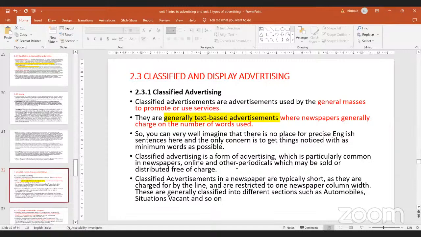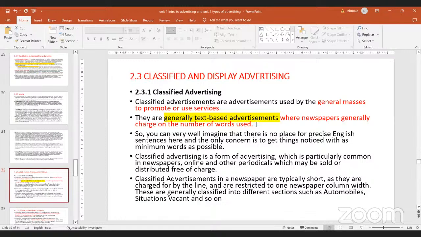And when it comes to classified and display advertisements, classifieds generally are text-based advertisements that appear under certain sections. Like if you want to advertise automobiles or situations vacant or matrimonial things, or maybe anything, they will appear under the different classifications.